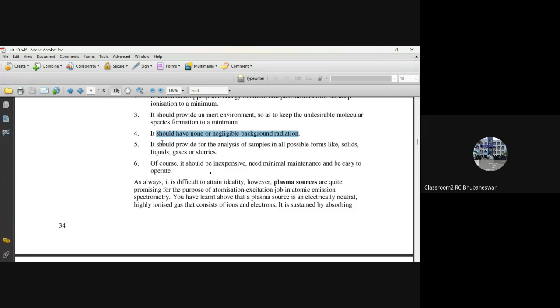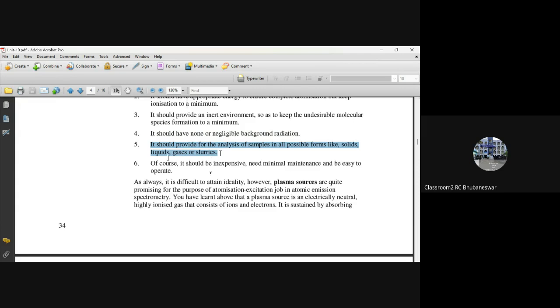Then it should provide for the analysis of samples in all possible forms like solids, liquids, gases, slurries.